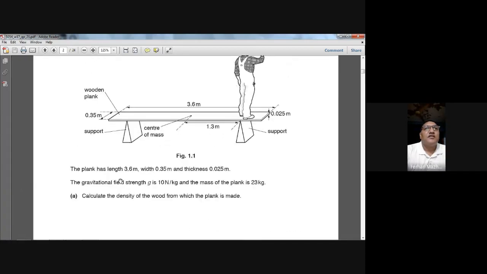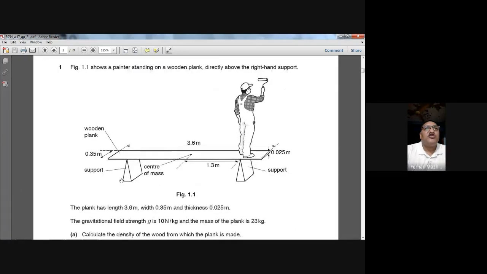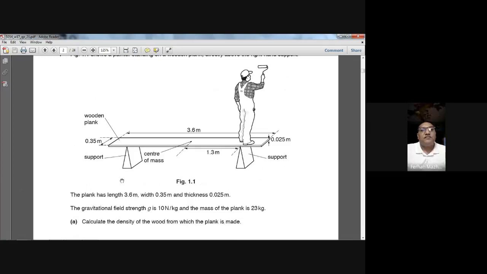Now you see the question is to calculate the density of the plank. For calculating the density of any material, I need two things. One, I need to know the mass of that thing. Here we are talking about the plank. The mass of the plank is given in the question, it is 23 kg. The second thing we need to know is the volume of the plank.